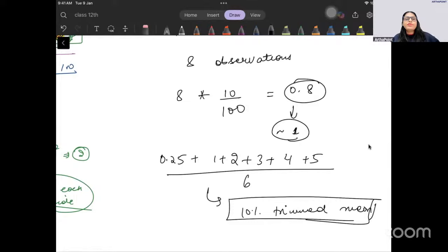Yes, when it is 2.5, it's your discretion. You can take 2 or you can take 3. It's because it's exactly the center. Clear हुआ ये बात?